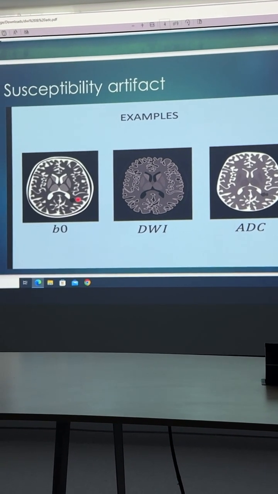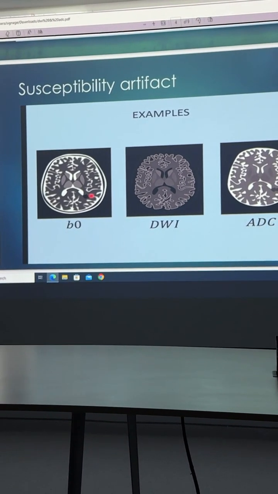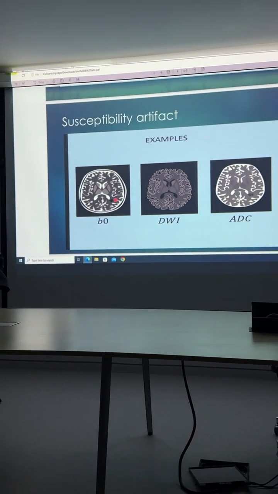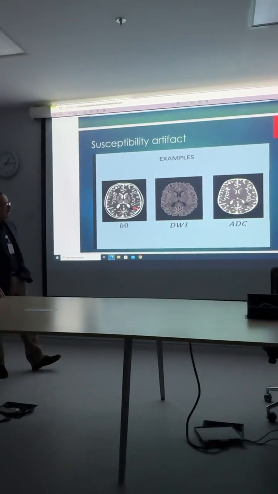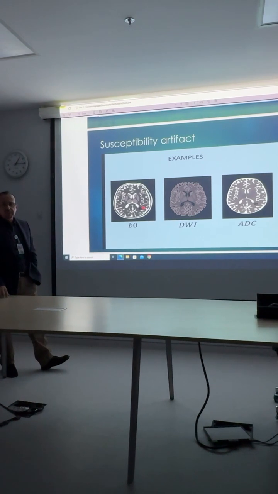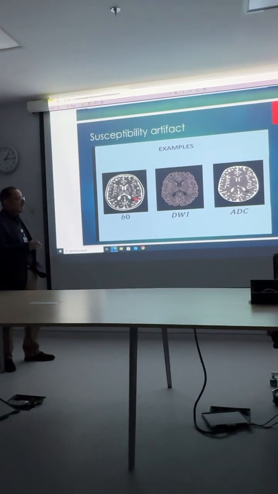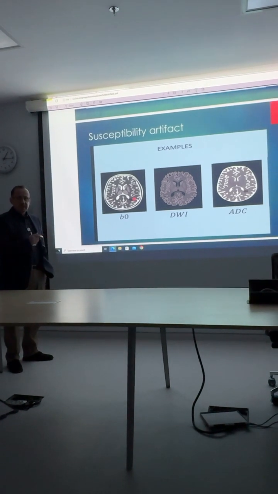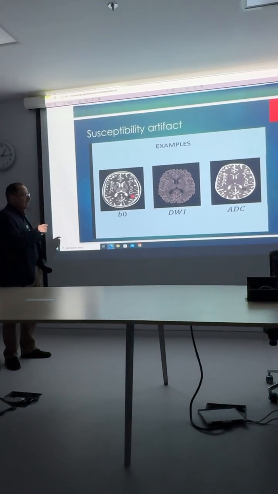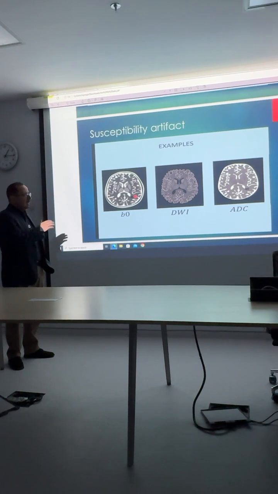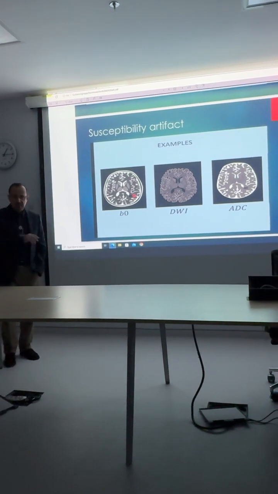As we remember, when we generate the ADC and do our DW images, we are dealing with an echo-planar sequence, which is highly susceptible to artifacts, especially susceptibility artifact, and this is what happens in this case.